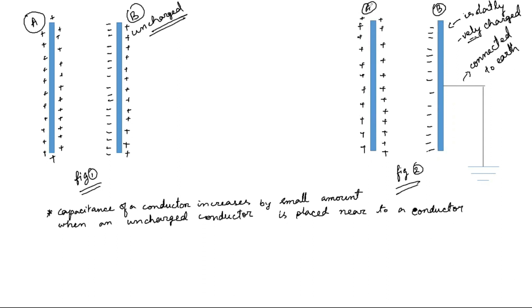Now, when the electric potential of plate A is decreased due to this negatively induced charge, what will happen? Now it has the tendency to take more extra charge. Now we have to provide it more charge, so that the electric potential becomes maximum for plate A. All right.